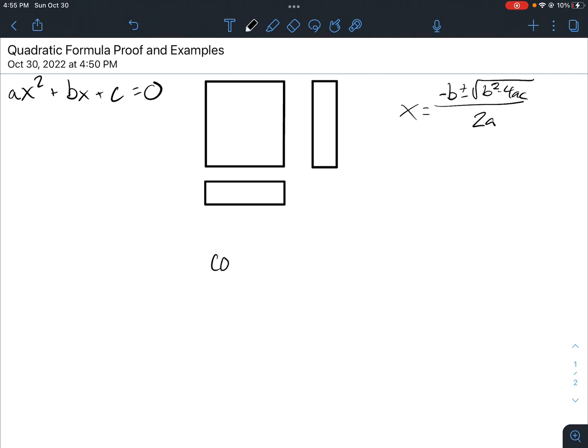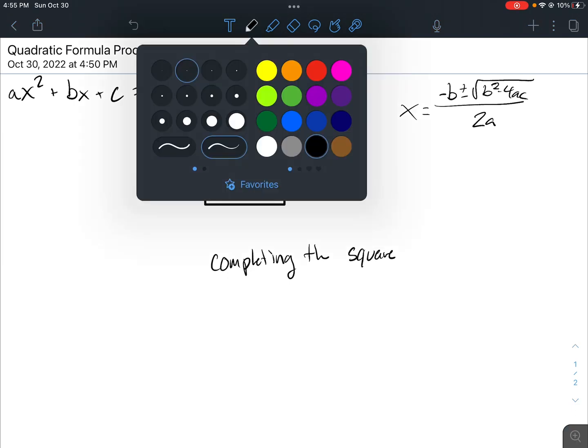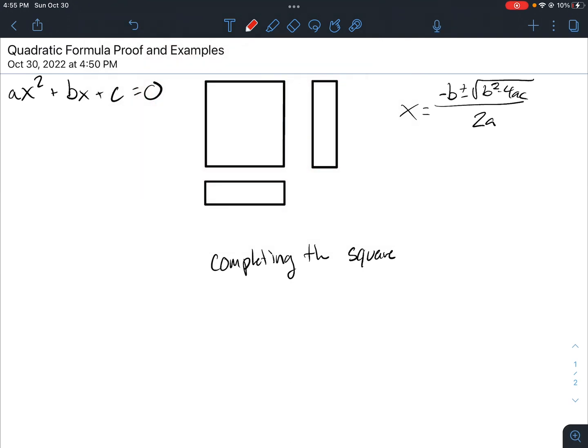So we're going to use, as you can see, I got these funny looking boxes. We're going to use a technique called completing the square. Basically, I think we'll get into this in the last bit of our factoring unit, and then we'll move on to more geometrical things. These boxes can be seen as elements of an equation.